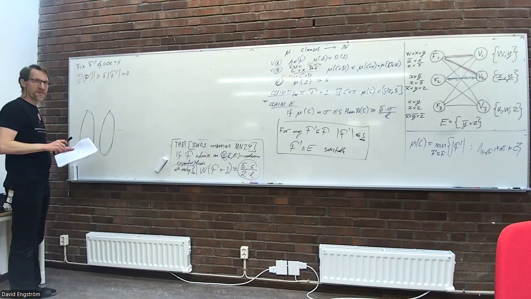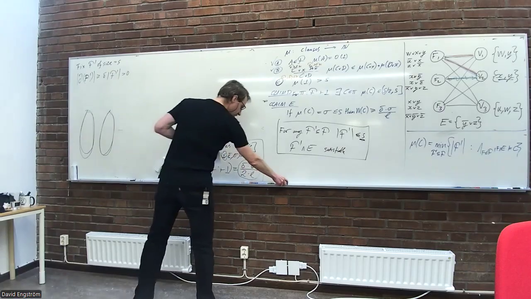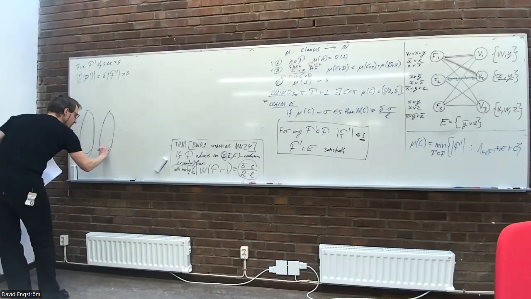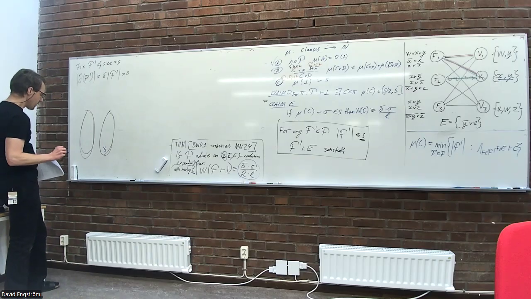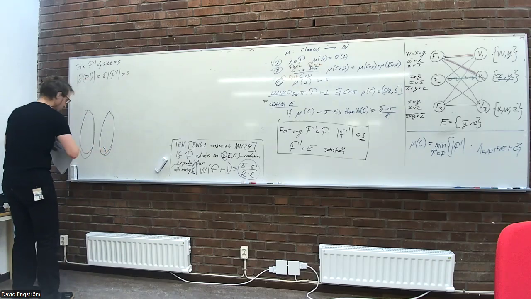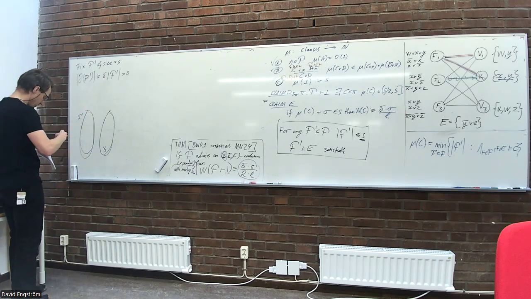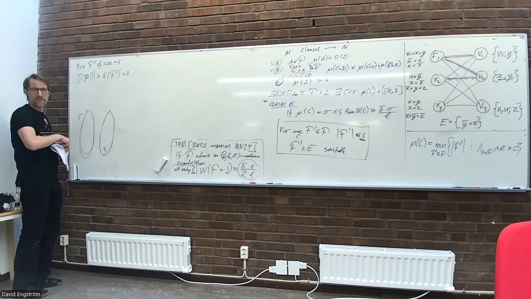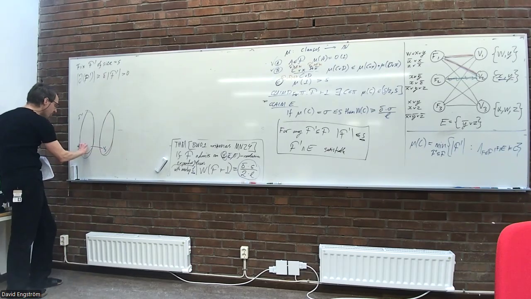That means there is some vertex set, let's call it VS, in the boundary, say that this is all of F prime. It has a unique neighbor over here. Let me call that guy Fs.